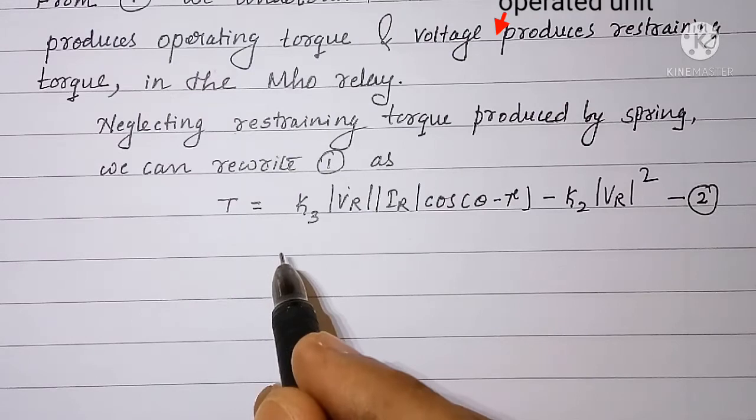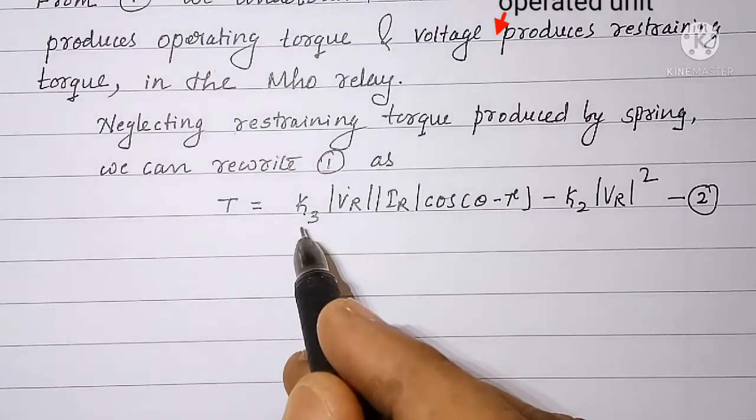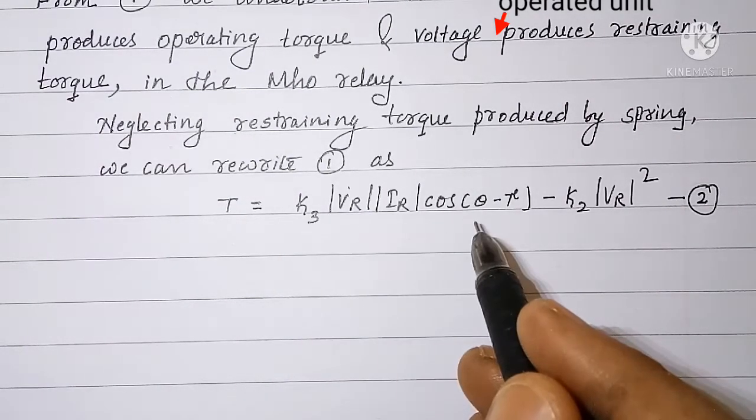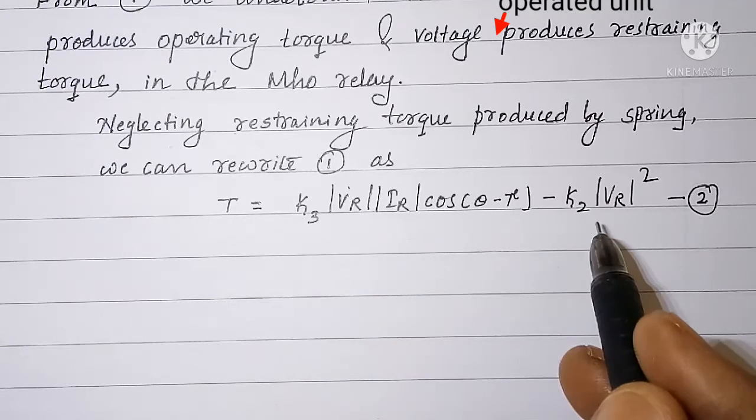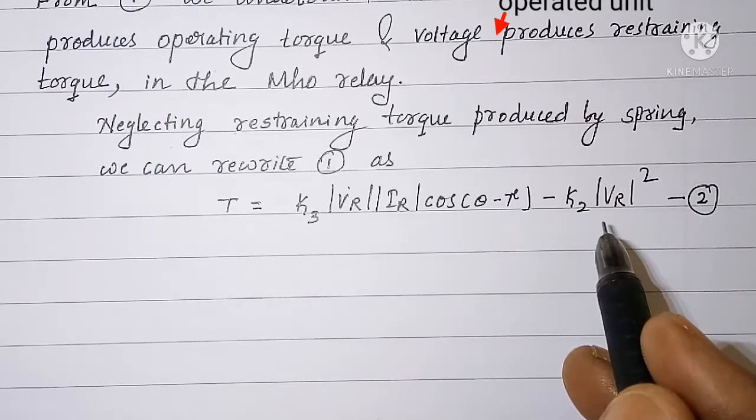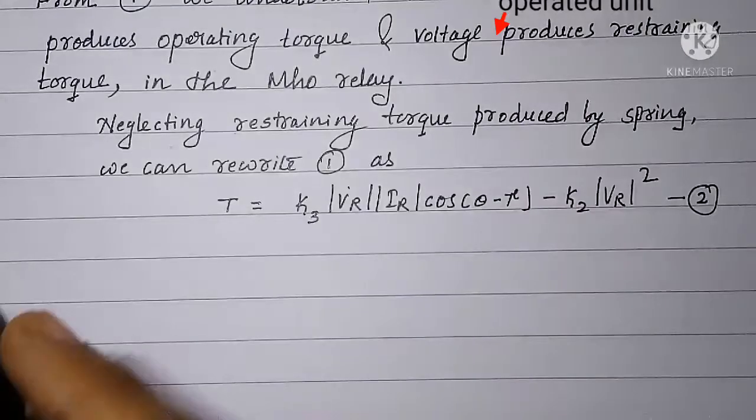Now the Mho relay will operate if the operating torque produced by directional unit becomes more than restraining torque produced by voltage.